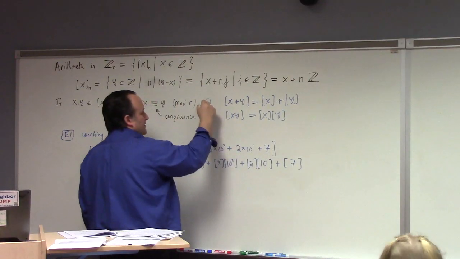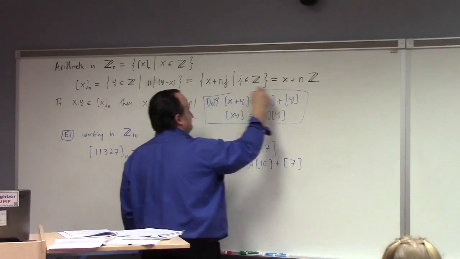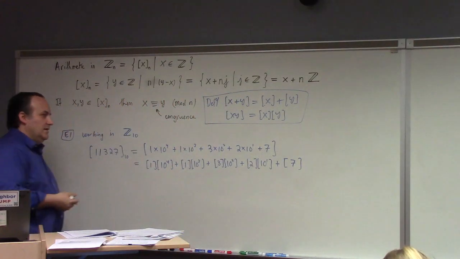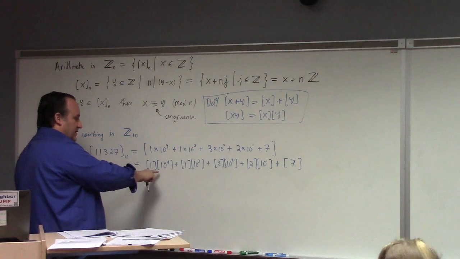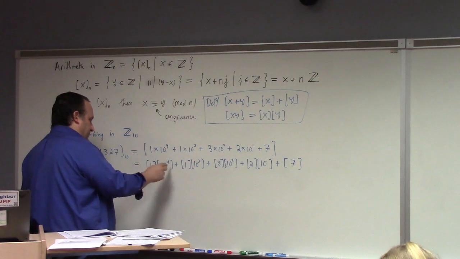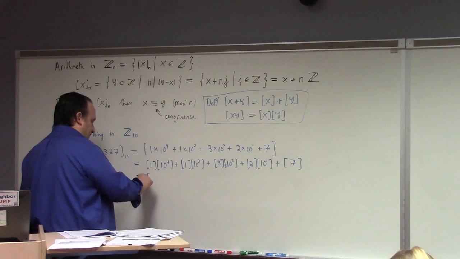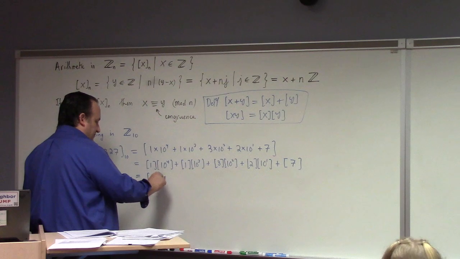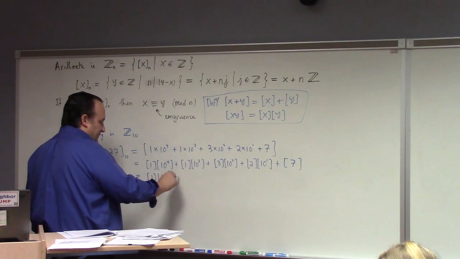So these are definitions that I really should clarify why those are reasonable definitions, all right? But anyway, here, this is what? Well, we can also take one more step. This is actually the equivalence class of 10 raised to the 4th power.